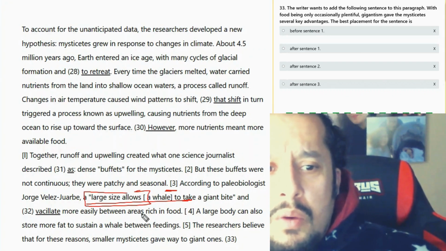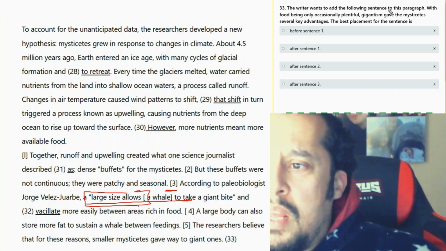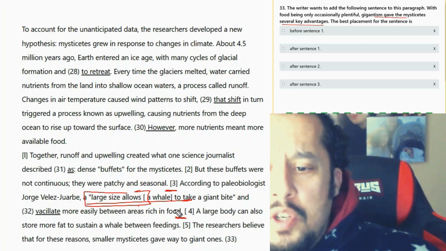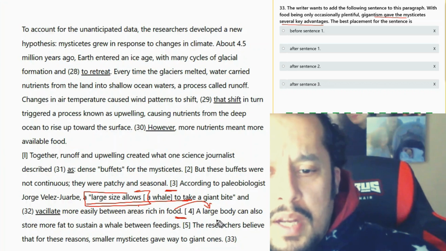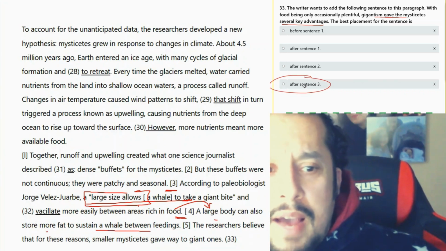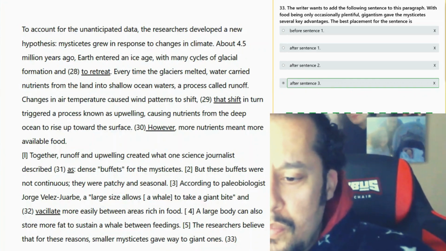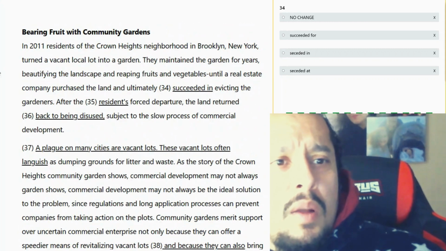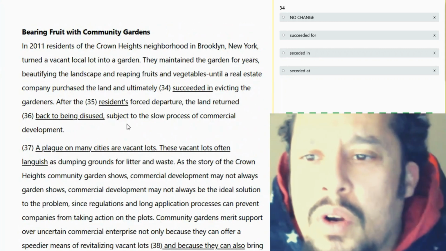And then it gave the mysticetes several key advantages. And then بيشرح بقى كل advantages. A larger body can do this to sustain a whale while feeding. So we're going to say after sentence number 3. And find, oh, that was passage number 3. Now we are on passage number 4.